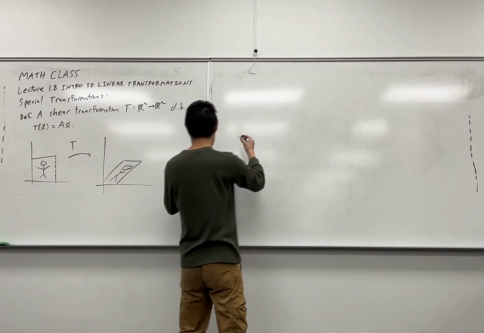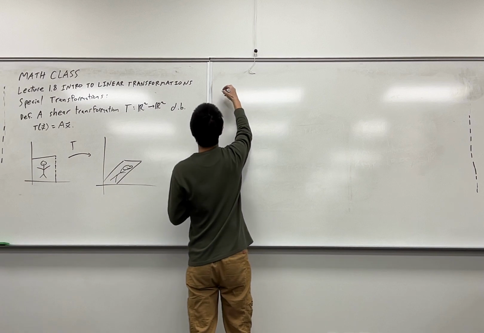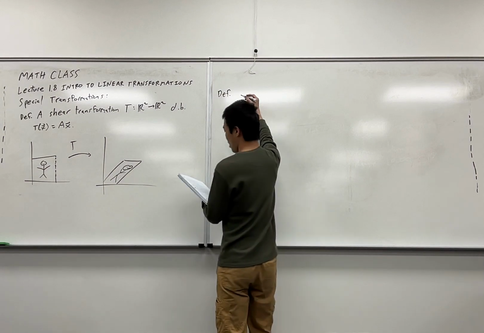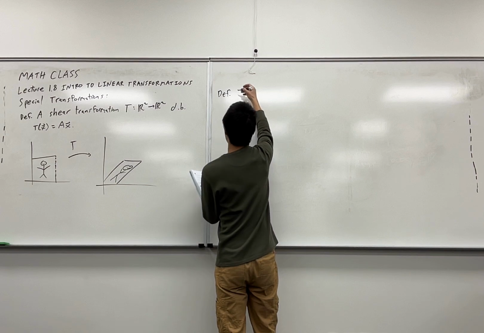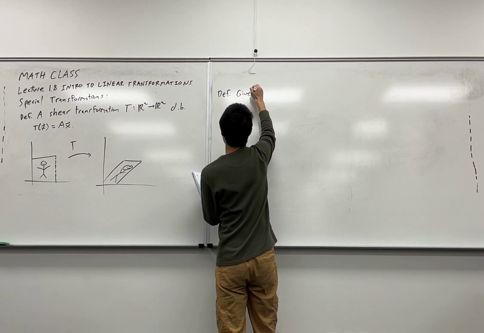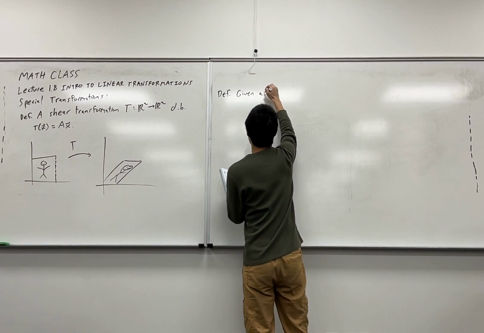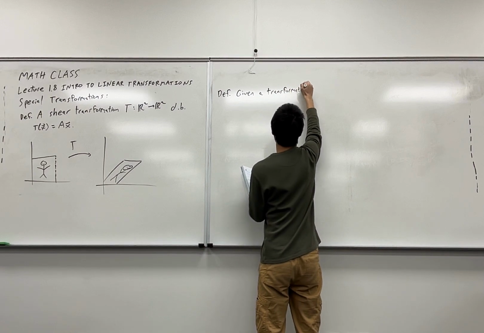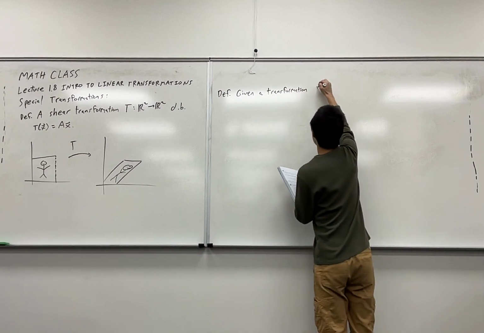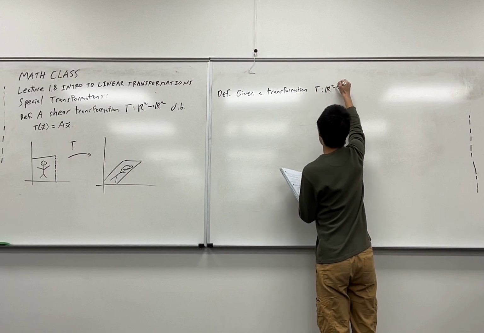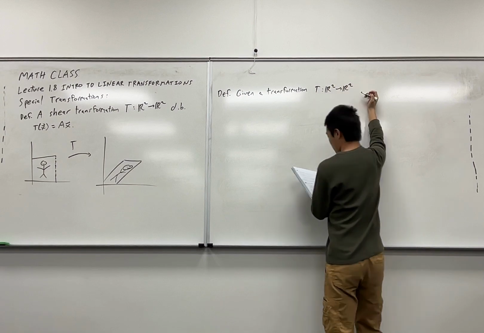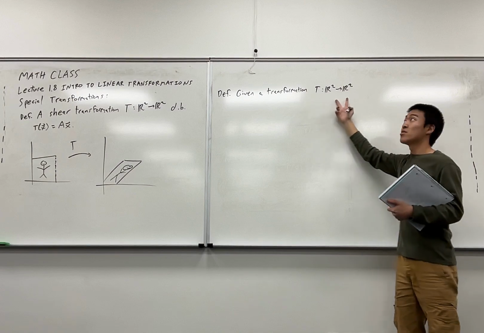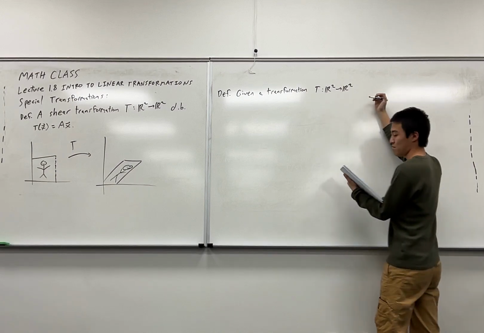And then the other special transformation, actually, if you took Calc 3, this one should actually not look familiar in notation, but conceptually be analogous to something you already know. Given a transformation T that takes R2 to R2. So again, in general, matrices have dimensions what? 2 by 2.